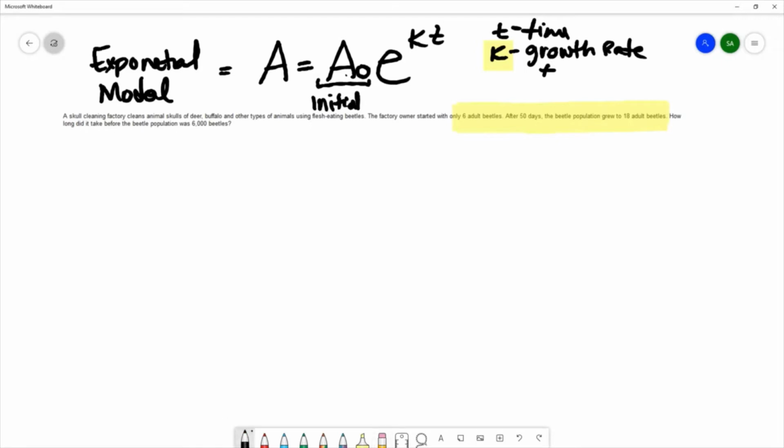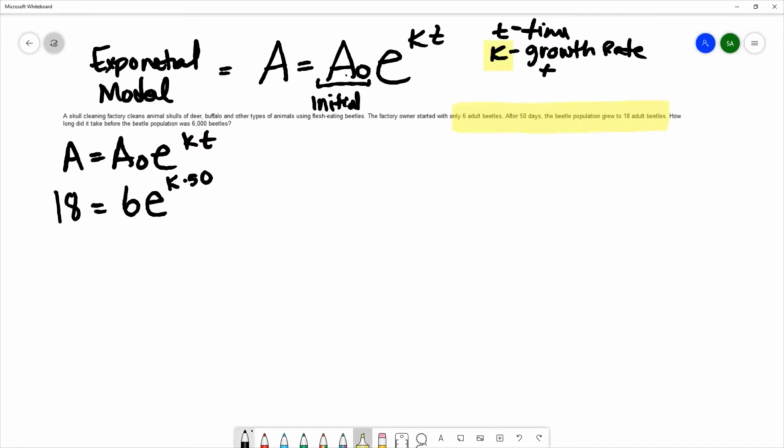So we start with our formula, A equals A naught e to the kt, and we know A naught is the initial or beginning population of 6. A is the ending population or the accrued amount, and that is going to be 18. And we also have a time of 50 days. So we substitute that time in.